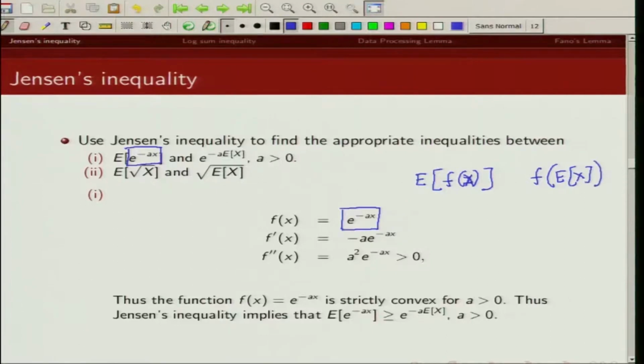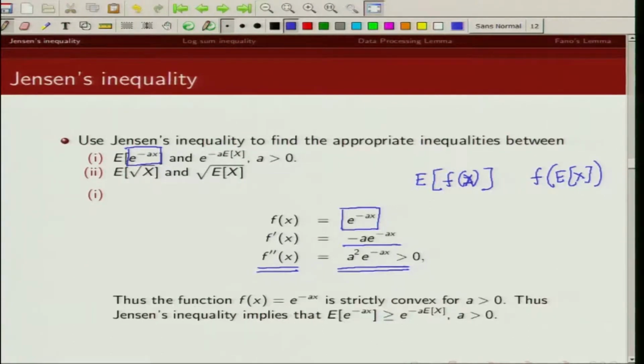So in this case if we look at this function f of x, we take the first derivative, that is given by this, and the second derivative is given by this. Now note a is greater than or equal to 0, so a squared is positive, and this quantity e to the power a minus x is also positive, so this term will be greater than 0. So if the second derivative is greater than 0, what do we know about the function?